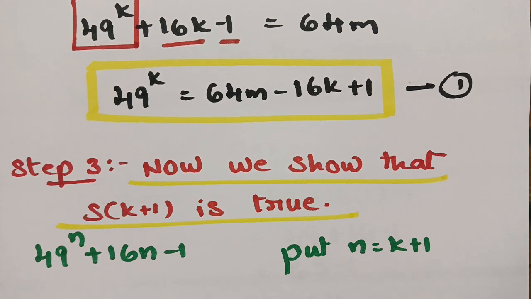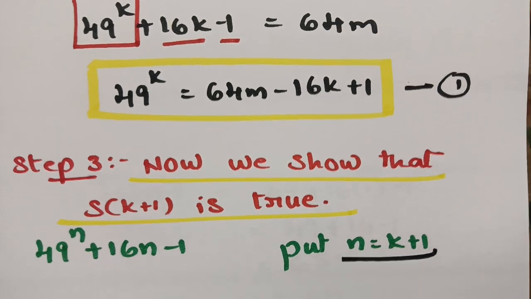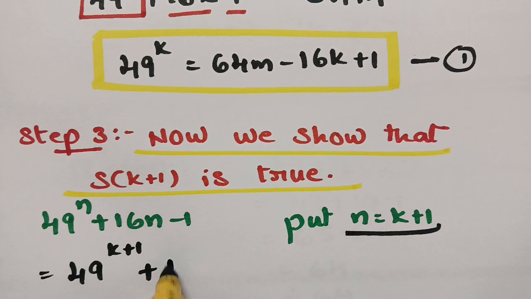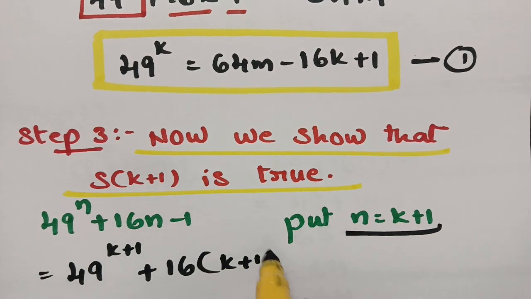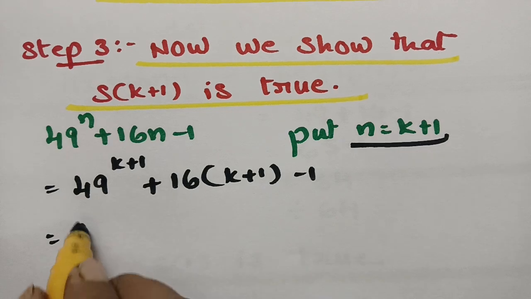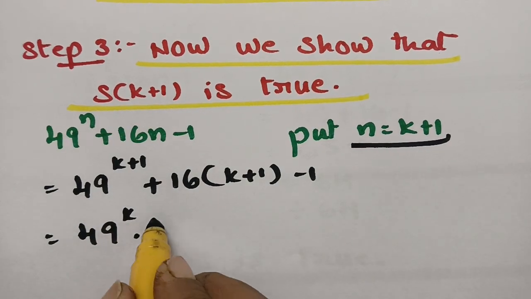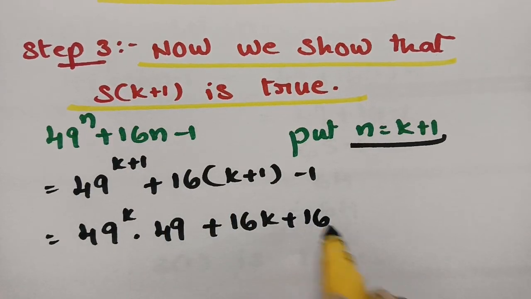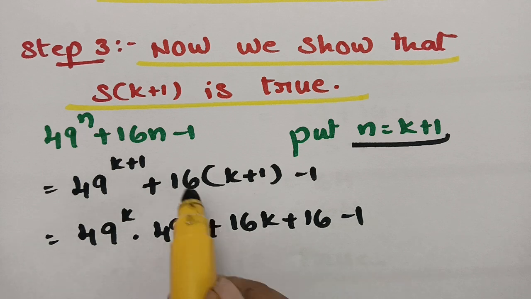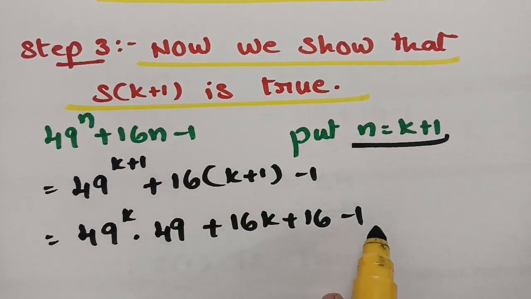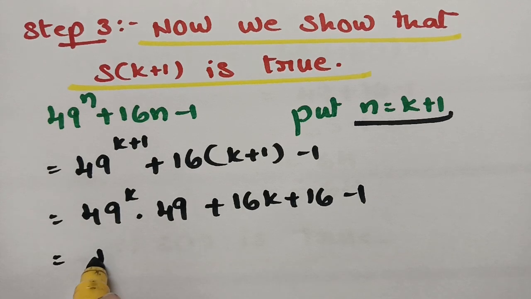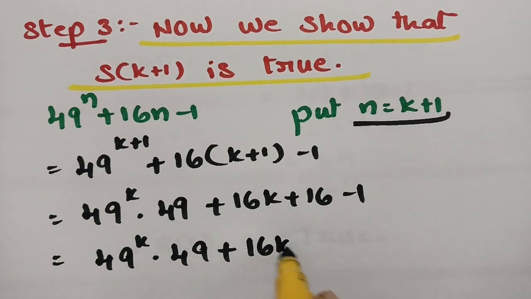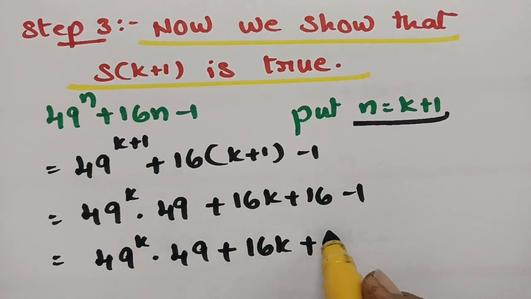As usual I am keeping n equal to k plus 1. So this will be 49^(k+1) plus 16 into (k+1) minus 1, which is equal to 49^k into 49 plus 16k plus 16 minus 1. Clear? If I multiply, this will be 16k and 16 and minus 1. So here this is 49^k into 49 plus 16k plus 16 minus 1, which is 15.